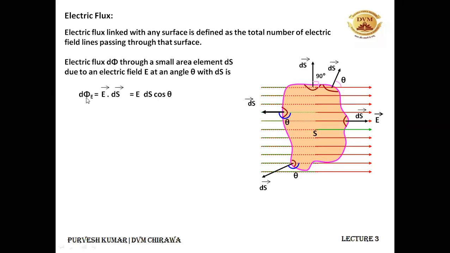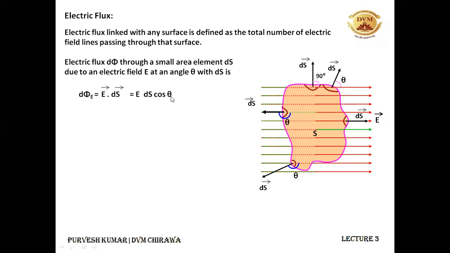So the flux through the small area is E dot ds, and when you expand it out, it will be E ds cos theta.